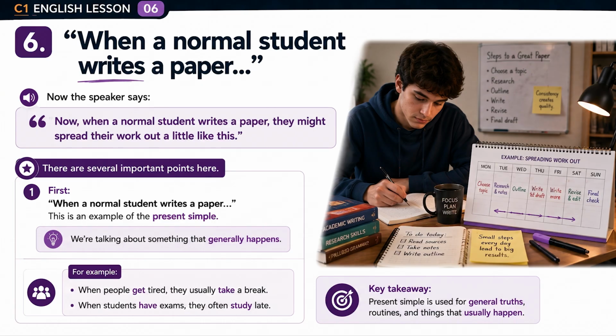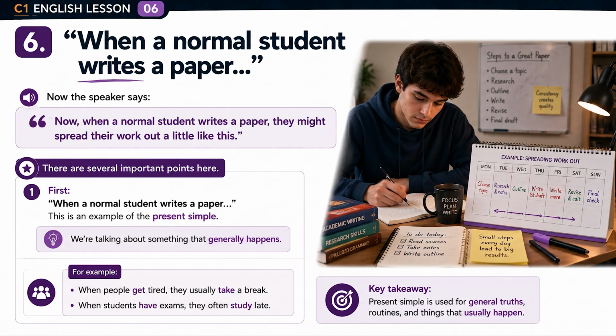It's a general fact. For example, when people get tired, they usually take a break. When students have exams, they often study late. So, when you're talking about something that generally happens, a general fact, you can use the present simple tense.